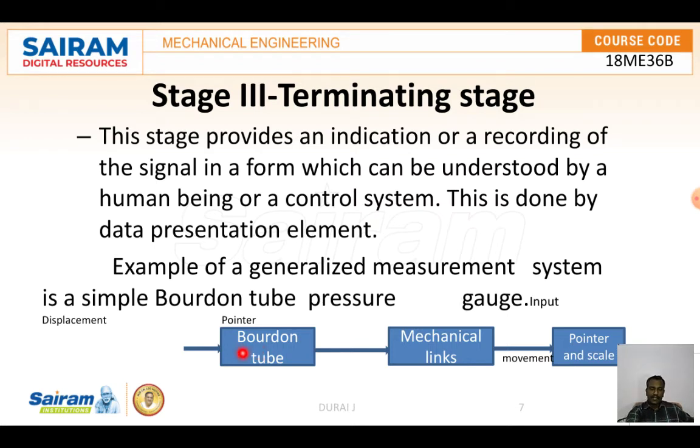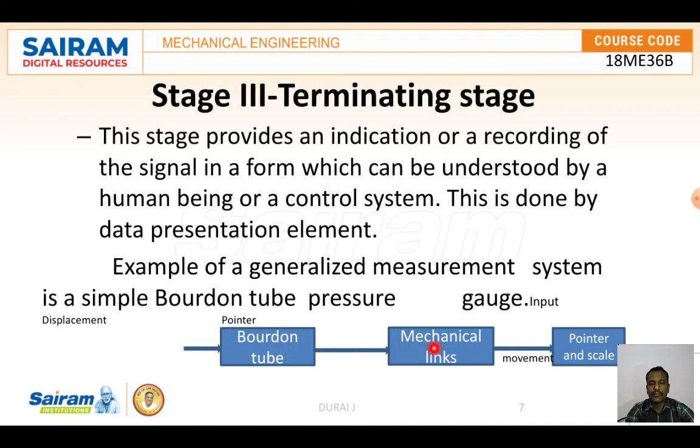Let us explain this with the help of the figure. Here we provide the input, and it detects how much pressure is in the particular system, which passes through the Bourdon tube. Then it activates the linkages, which are the rack and pinion gear.